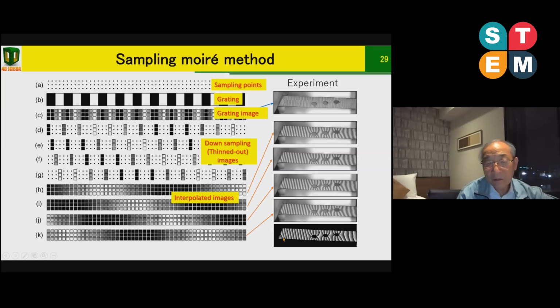The 2 pi phase change gives a one pitch displacement. So this one gives a displacement distribution. By differentiating the displacement, we can obtain the strain distribution. It's easy to obtain the displacement and strain distribution.